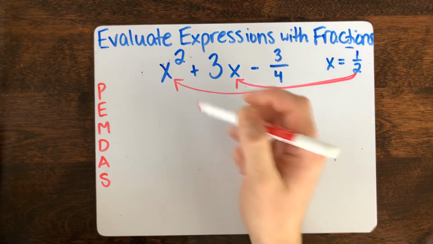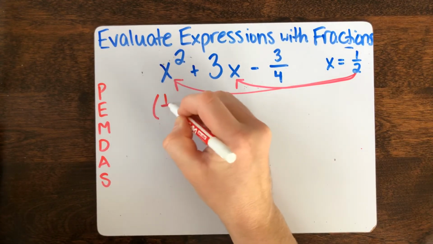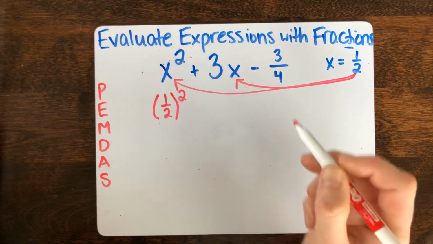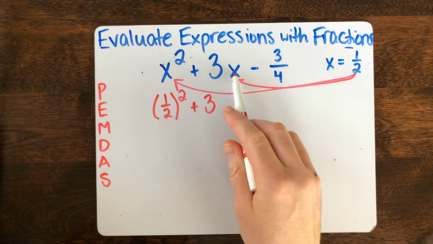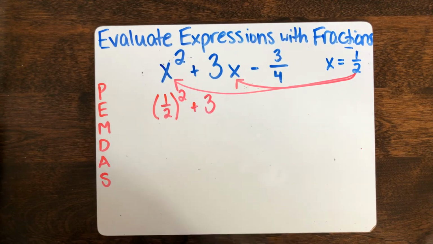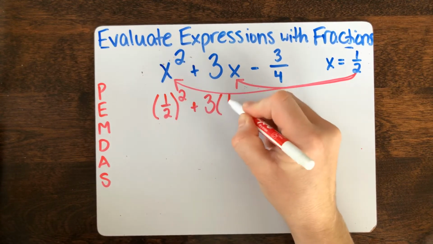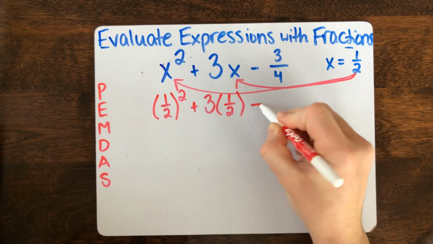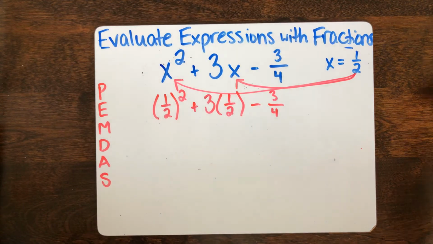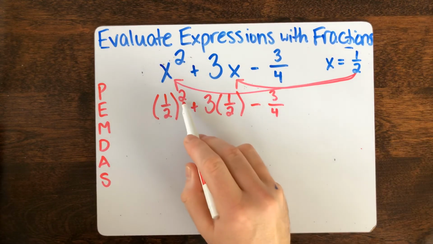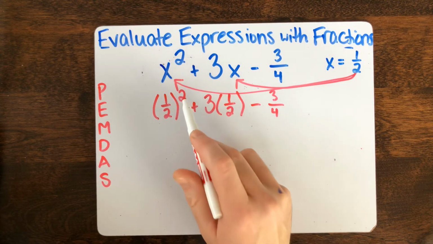So let's rewrite that problem. We have 1/2 squared plus 3, and again, when a 3 and a variable are smushed next to each other, it stands for multiplication. So 3 times 1/2 minus 3/4. All right, so we talked about this yesterday. This squared does not mean that you're multiplying by 2.